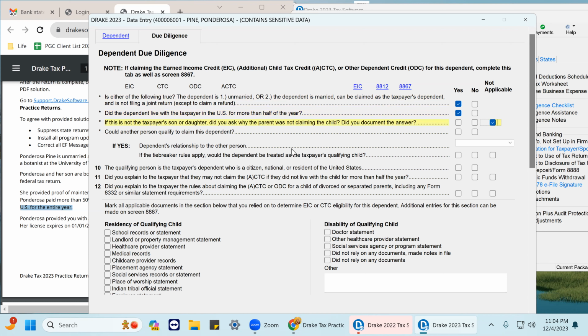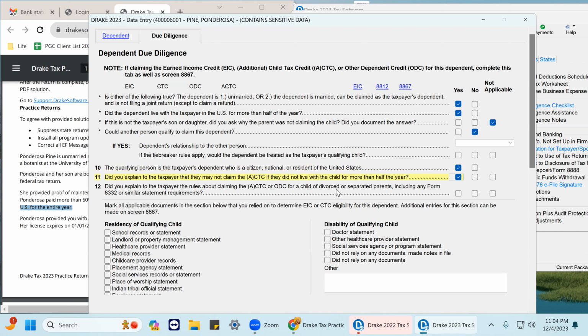Not apply. It's a kid, right? They ask a lot more questions. Did you explain to the taxpayer that? This is always yes, right? You always explain it.